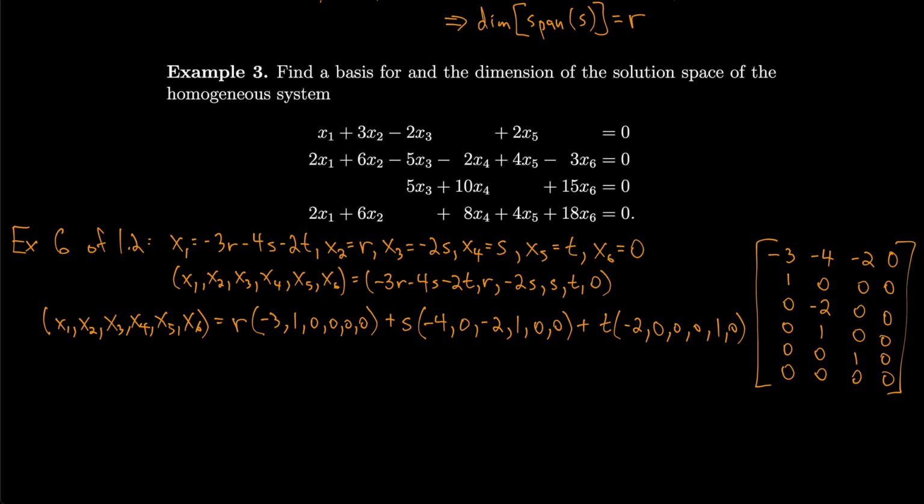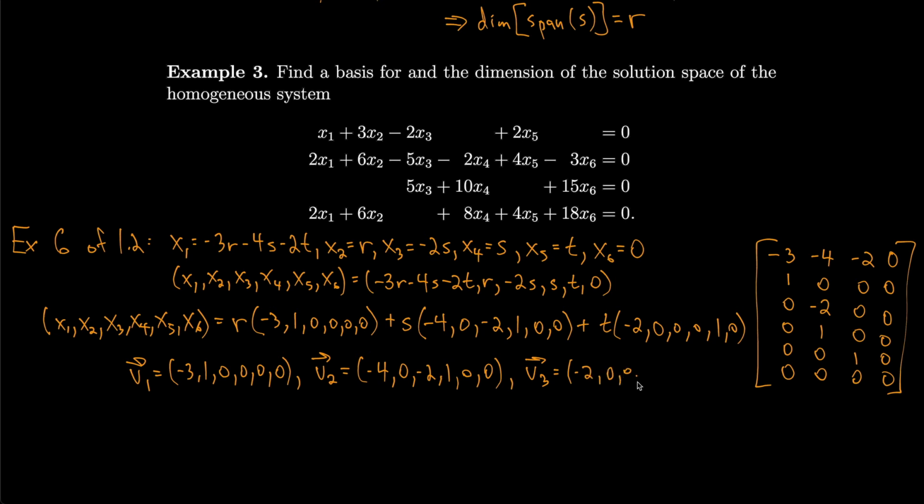So that tells us that if I set v1 equal to minus 3, 1, 0, 0, 0, 0, v2 equal to minus 4, 0, minus 2, 1, 0, 0, v3 equal to minus 2, 0, 0, 0, 1, 0, that v1, v2, and v3 are linearly independent, because the only way that we can get 0 is trivially if r, s, and t are 0.